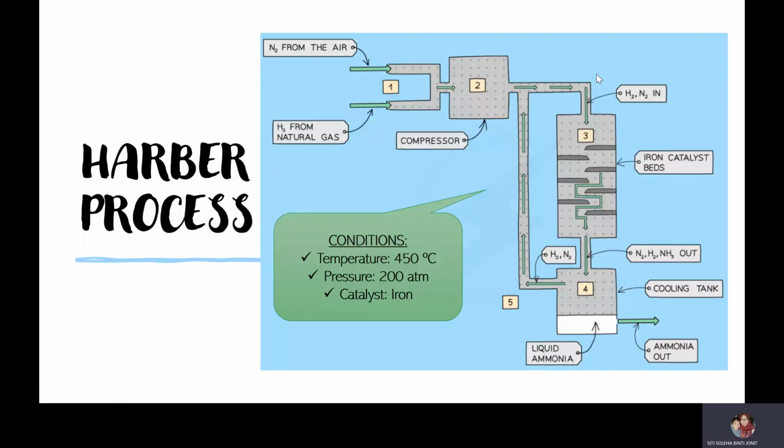The pressurized gas is now pumped into a tank containing layers of catalytic iron. This tank uses iron as a catalyst at a temperature of 450 degrees C. Some of the hydrogen and nitrogen react to form ammonia in this stage.